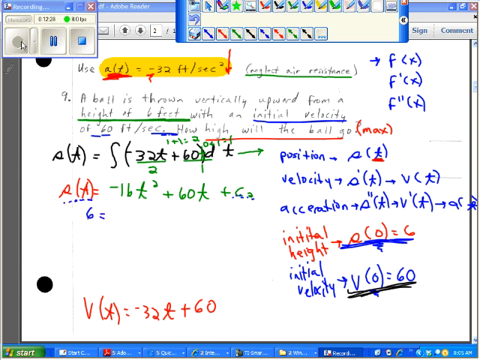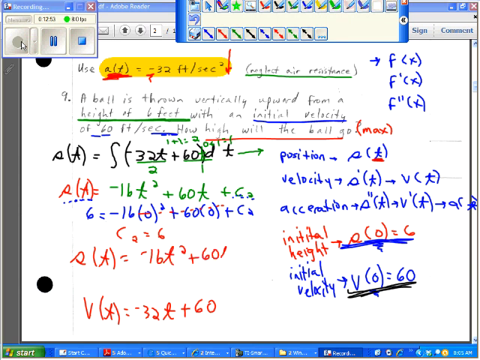My position would be 6 when time is 0. We can see that all of that would go out, and so C2 would be 6. So my position formula is going to be negative 16 t squared plus 60 t plus 6.